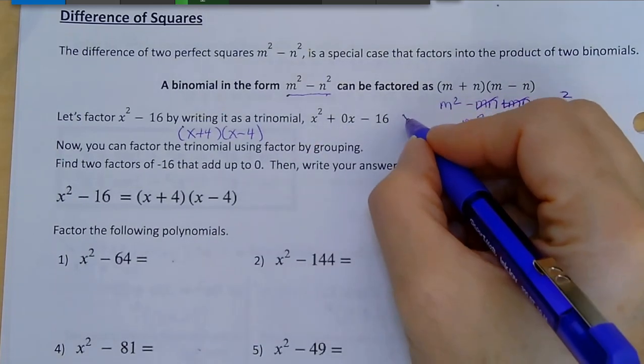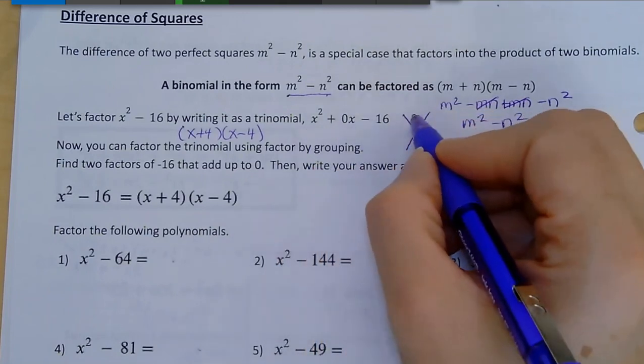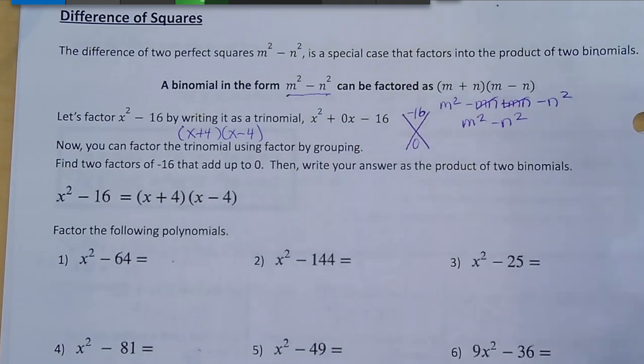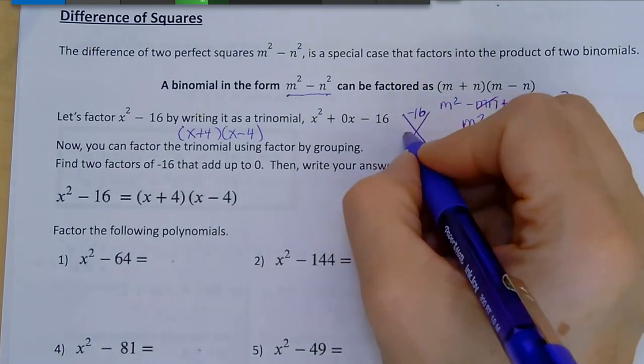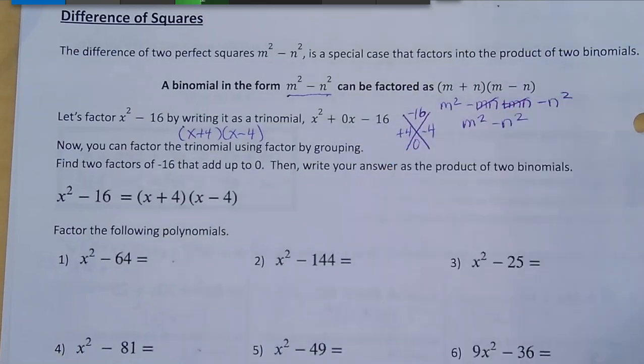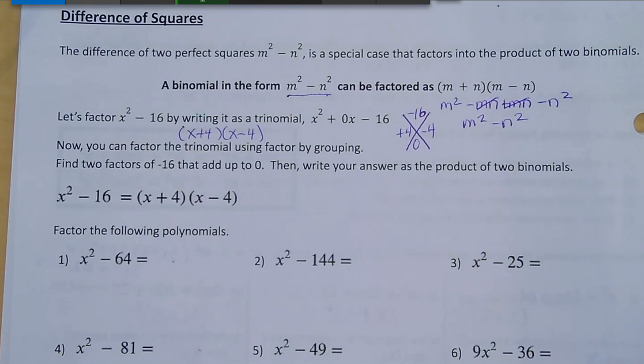If I want to think of this as an x puzzle, I need two numbers that multiply to give me a times c, so that's negative 16, but they have to add up to be 0. The way I do that is a positive 4 and a negative 4, right? 4 times negative 4 is negative 16, and 4 plus negative 4 is 0.